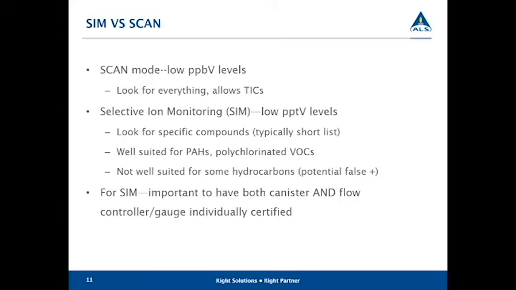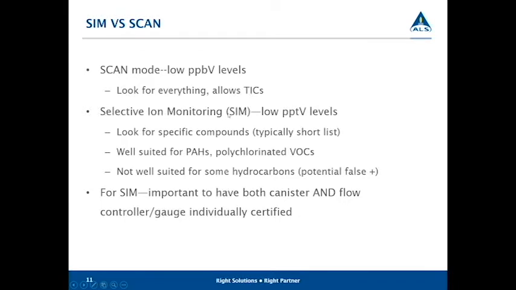We would always default to scan mode, which is going to give you part per billion reporting limits. This allows you to look for pretty much the entire range of VOCs, and also allows for total ion chromatograms and library searches, as they're sometimes called.